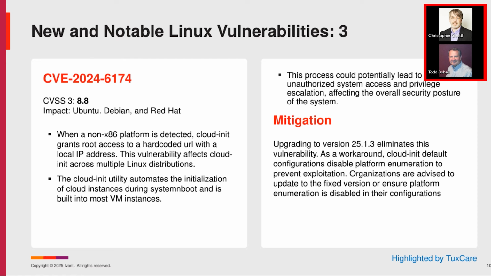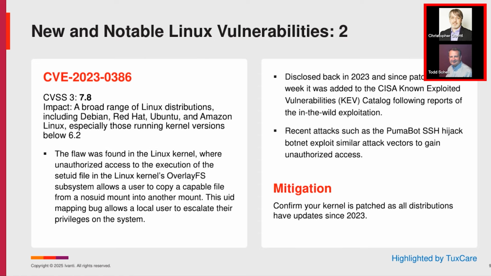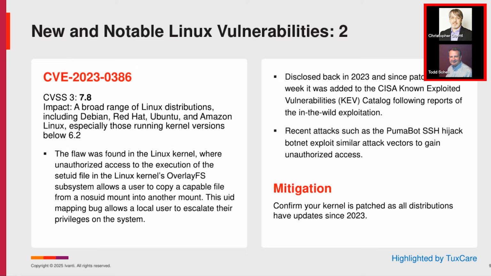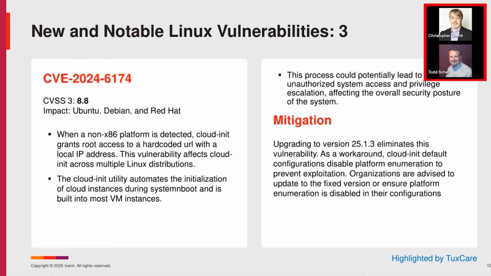All right. So that's the Linux lineup for this month. The first two sets there, definitely make sure that you're getting those resolved as quickly as possible. Both of those are kernel related. The other is, I think, kernel related as well, but not 100% positive on that.